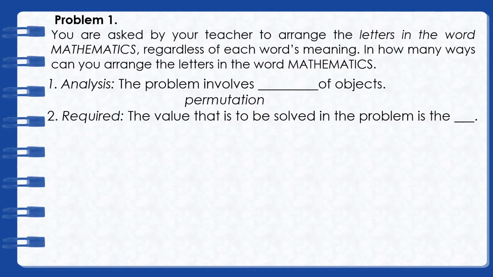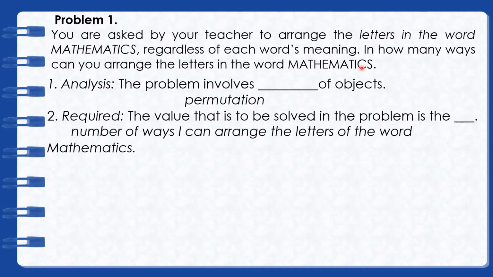Usually this is seen in the last part or last sentence of the problem. So the answer is the number of ways I can arrange the letters of the word mathematics.